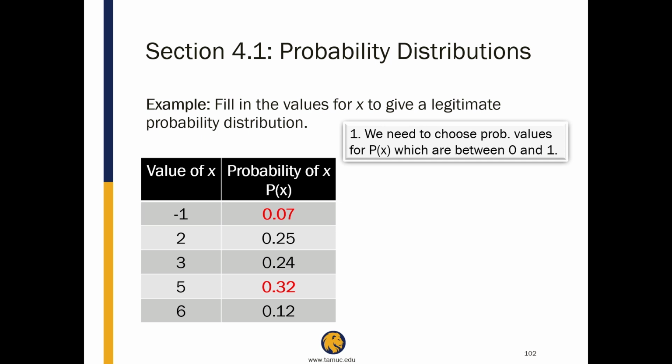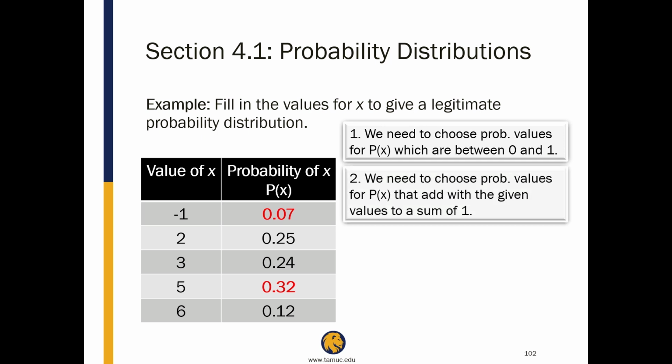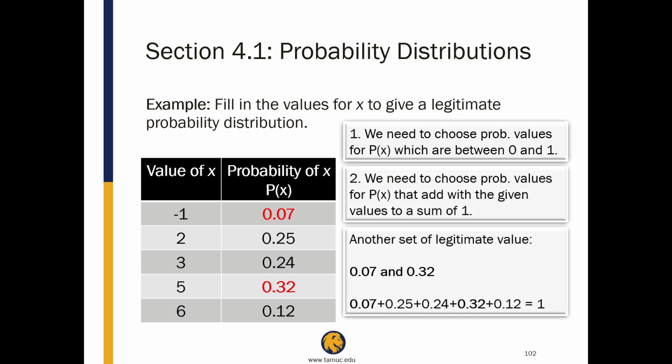They're between 0 and 1, and if we add them together with the other probability values, they all still add up to 1. So you can choose different numbers unless there's some other criteria for the probability distribution in a particular instance. As long as they fit these two criteria, then they are a legitimate probability distribution.